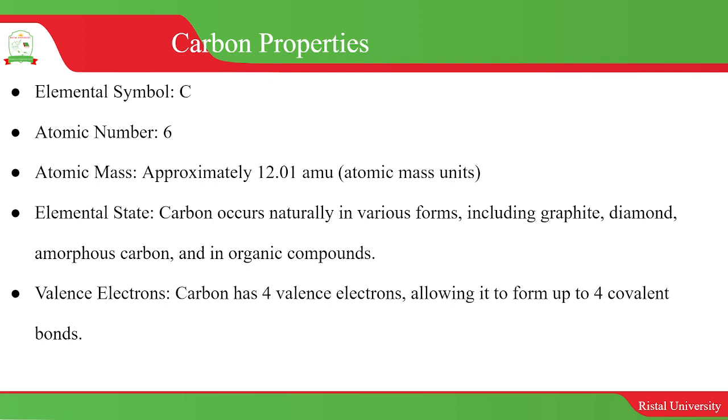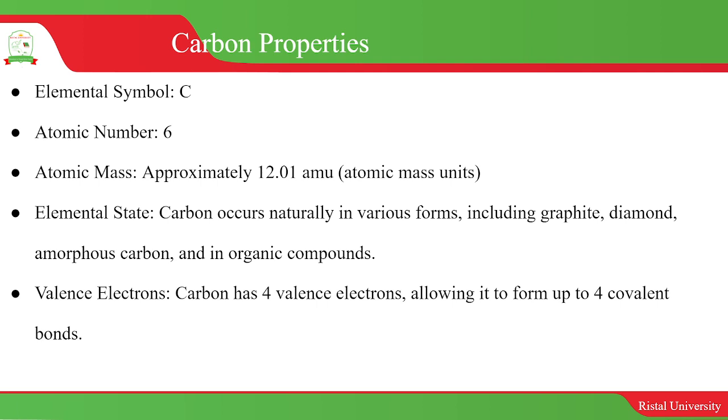Atomic number is the number of protons, and atomic mass is the number of protons and neutrons in an atom. Carbon also occurs naturally in different forms, including graphite, diamond, and amorphous carbon, and it also occurs in the organic compounds that we have seen.